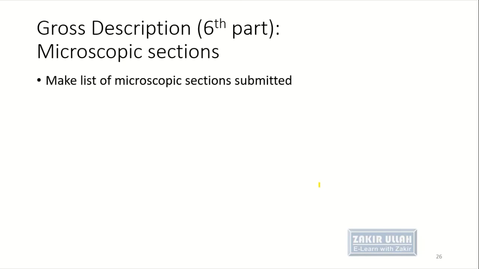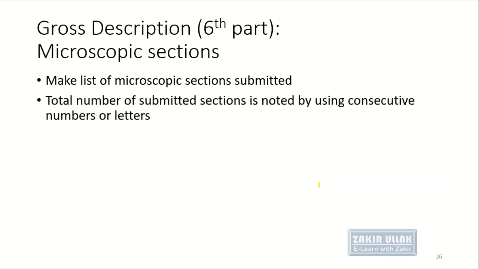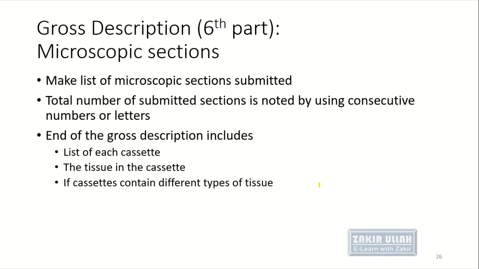The last part of the gross description is making the list of the microscopic sections that are submitted for tissue processing. The total number of submitted sections is noted by using consecutive numbers or letters. This part includes the list of each cassette, how many cassettes are prepared from one sample, and what tissue was present in the cassette.